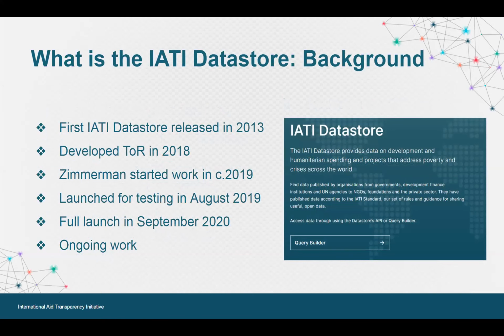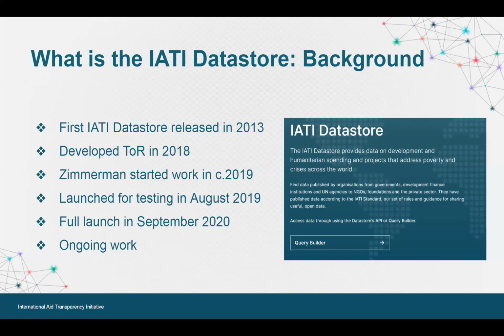So, what is the IATI Datastore? We thought it would be useful to start with a little bit of background, a little bit of context setting about what the data store is. As you may well know, this IATI Datastore is actually the second IATI Datastore. The original was released back in 2013, when the IATI Standard was at version 1.03.